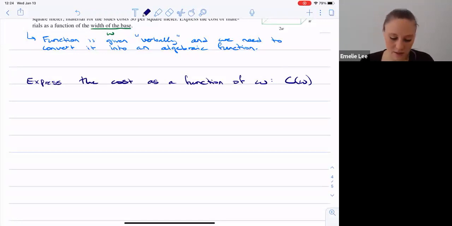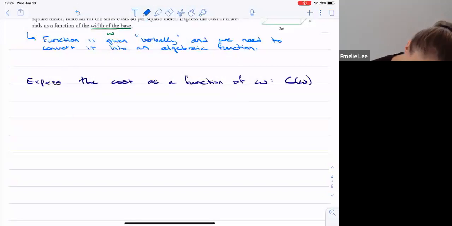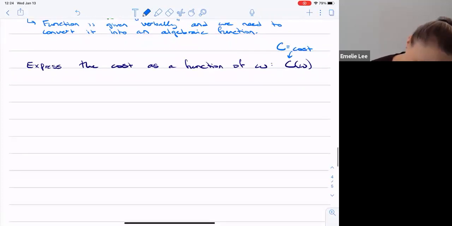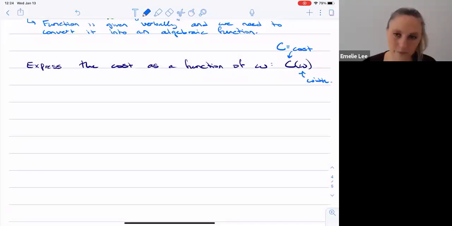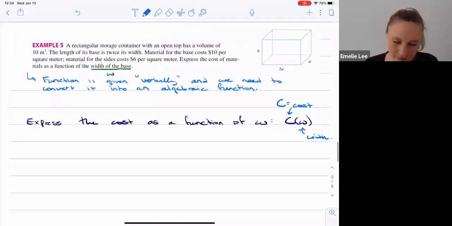So we've got C is the cost, and W is the width.